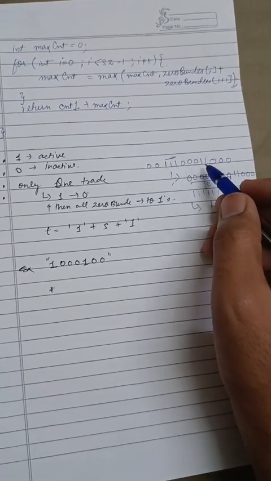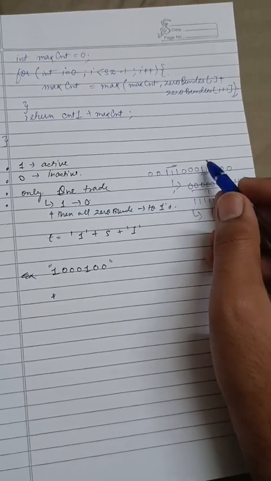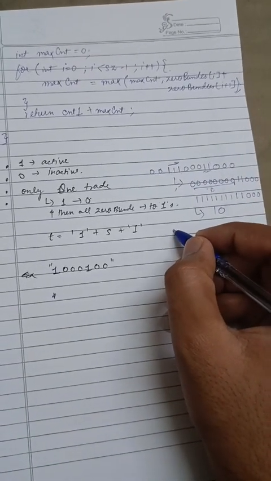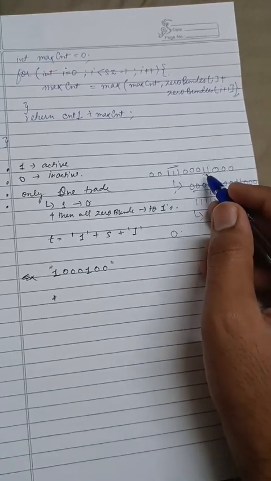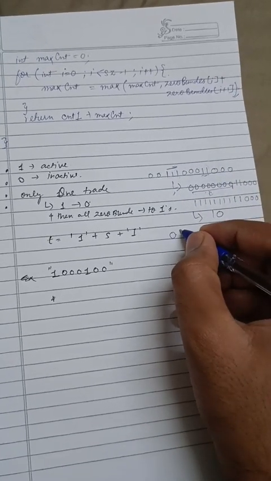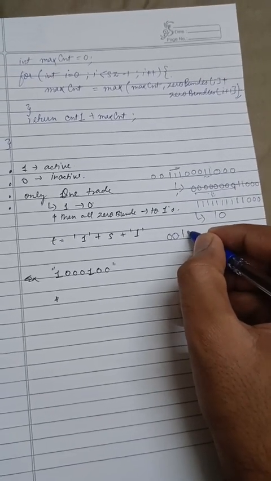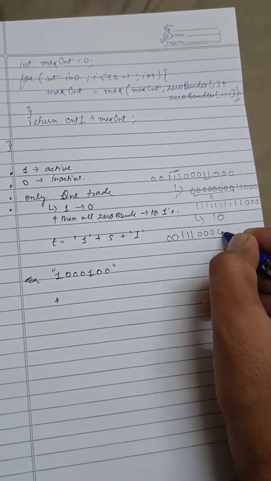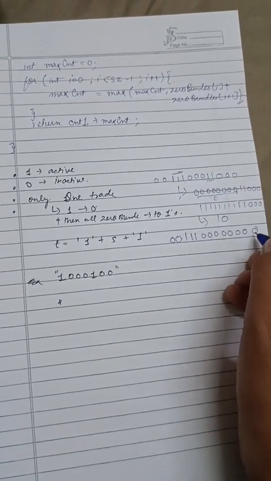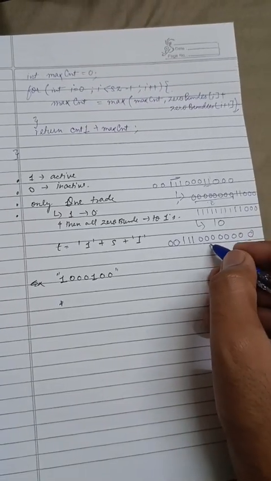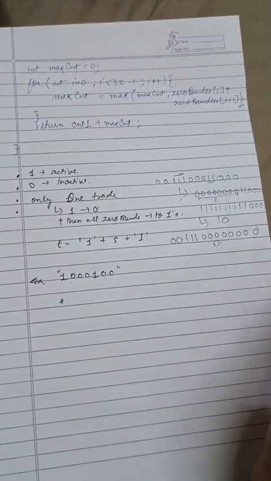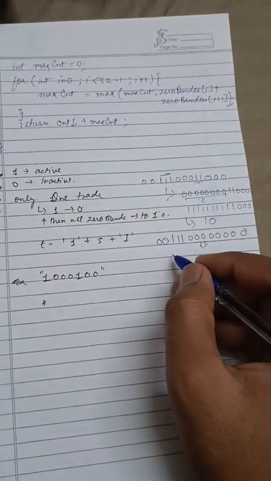What if I choose to convert these two ones into 0, then what will the answer be? Let's check it out. First step, converting these two into 0. So 1 0 0 1 1 1 0 0 0 0 0 0 0 0. Now all these zeros will be converted into ones.